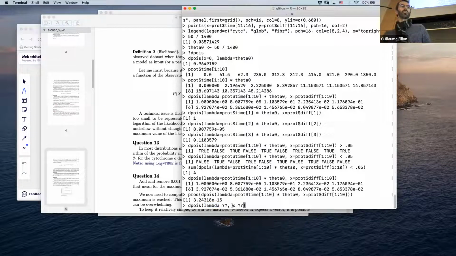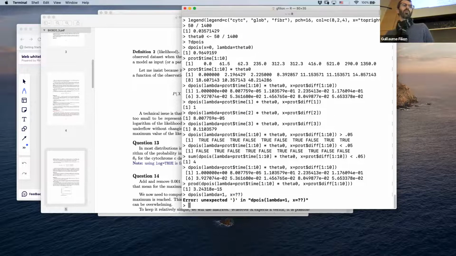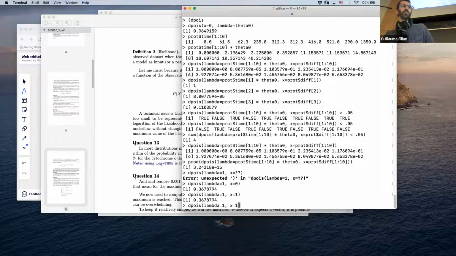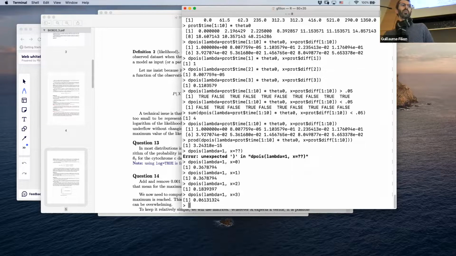So what you can do is you could say, well, I'm saying lambda equals 1, whatever. That's the value for x equals 0, the value for x equals 1, the value for x equals 3. And that, what I'm doing now, is called a distribution, a probability. I'm fixing lambda. This becomes a fixed thing. And this tells me now the probability of observing the different events.